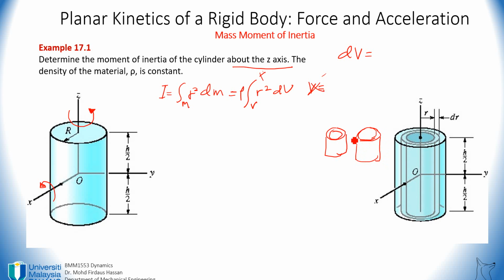Try to imagine that this one is smaller than this one, and then you put it inside. So if you have multiple shell elements, you can form a rigid body like this at the end. Correct?